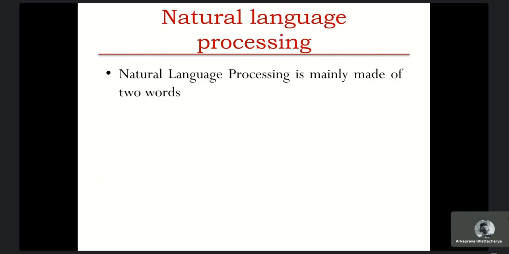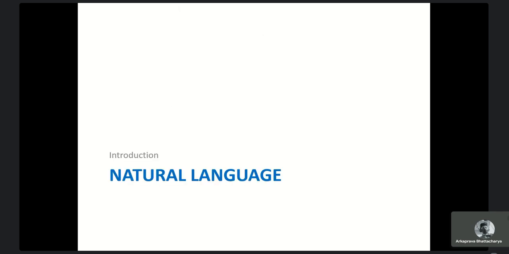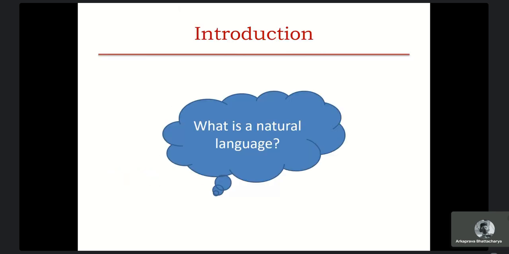Natural language processing mainly has two words we have to understand. One is natural language and the other one is processing. So let us start with understanding what a natural language is. Language, as I said, is one of the most important things, the medium for communication between humans, which they do naturally.